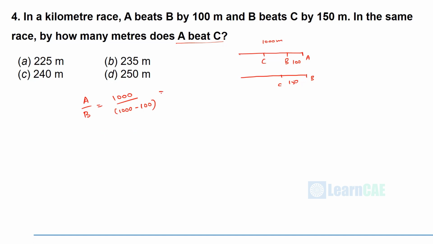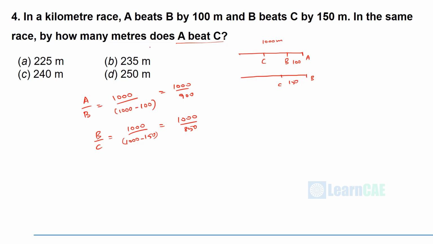Similarly, distance travelled by B to distance travelled by C for a particular time is equal to 1000 by 1000 minus 150. This is equal to 1000 by 850.